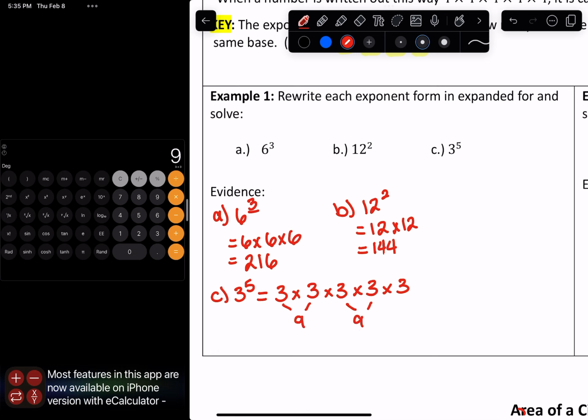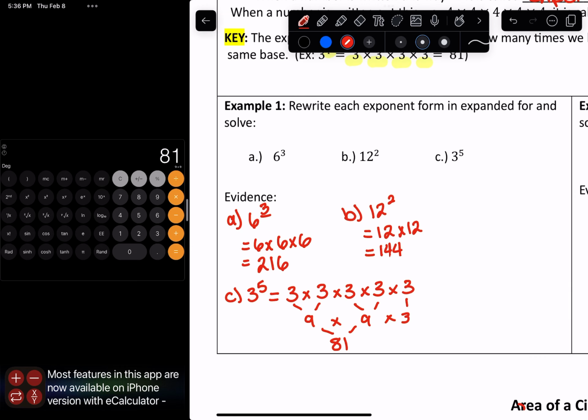Again, 3 times 3, that's 9. And then 3. So then we do 9 times 9, that's 81. Times our last 3, 243. Okay. So in this case, this would be our final answer.